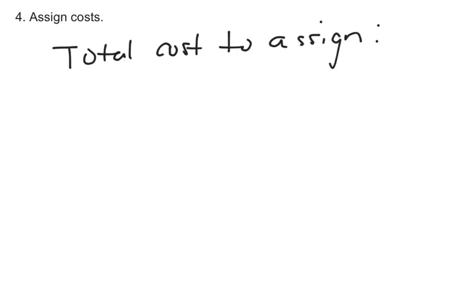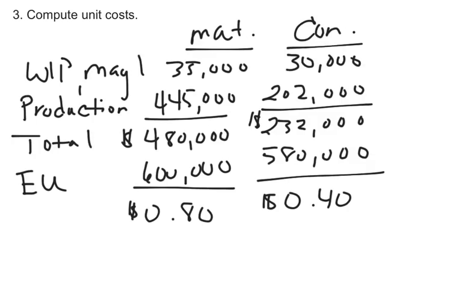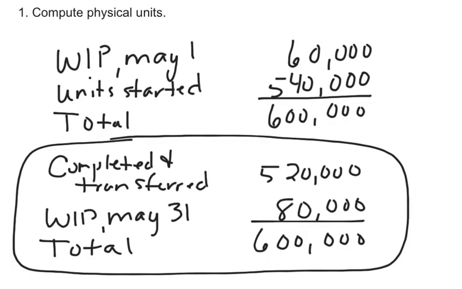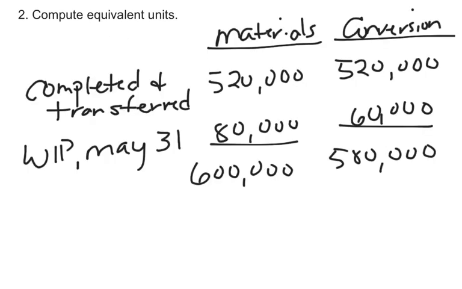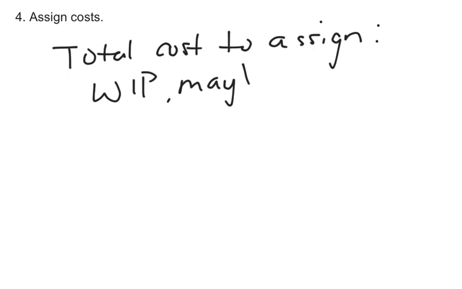Well, we've got beginning work in process. Let's go back and look. What were the total costs we had for beginning work in process? All of our costs, materials and conversion, that was $65,000. So let's put that in here.